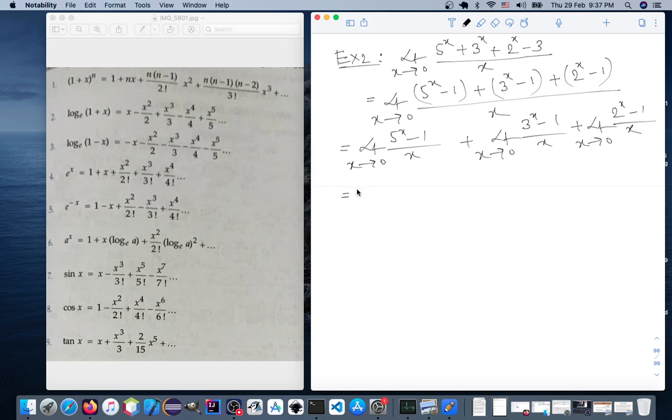So now we can apply the standard result of a to the power x minus 1 by x, x tending to 0 is log a. We can see this is log e 5 plus log e 3 plus log e 2. This is log e 5 into 3 into 2, that is log e 30. That is log e 30 is the answer.